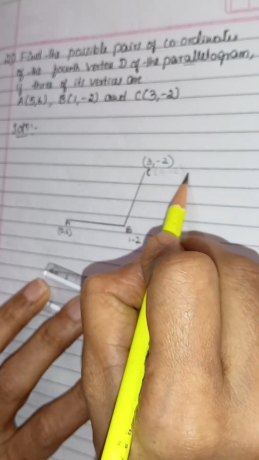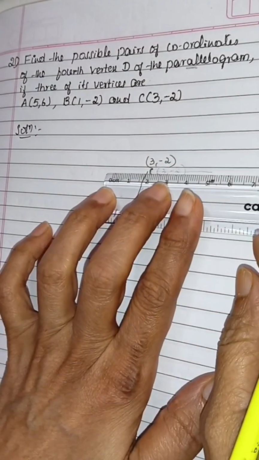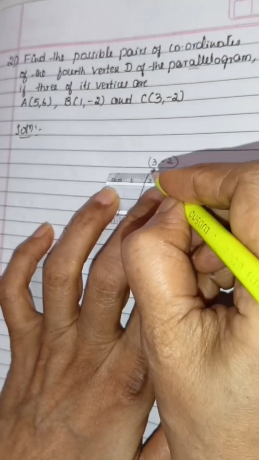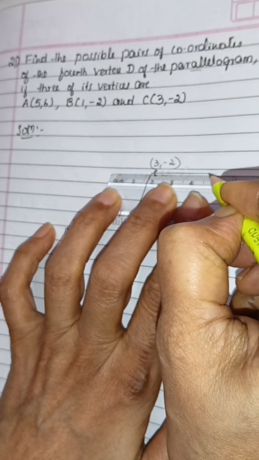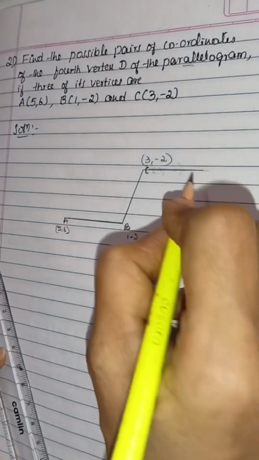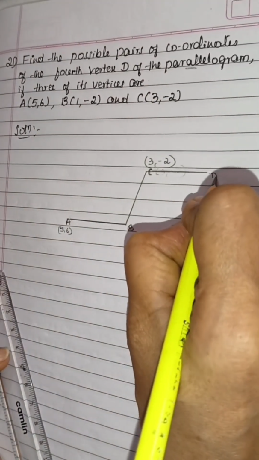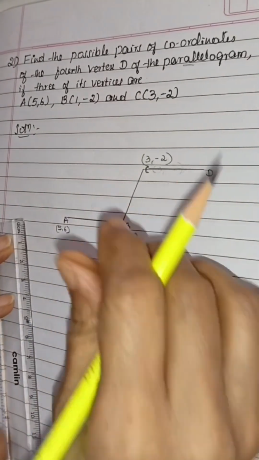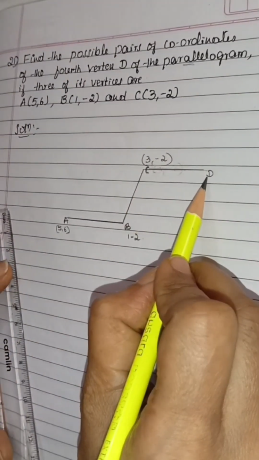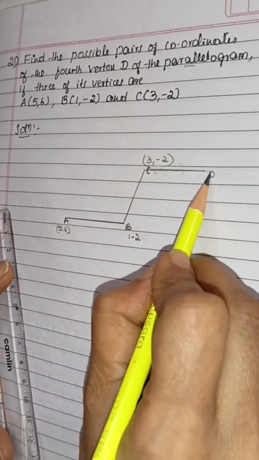There is a possibility for the location of the fourth vertex of a parallelogram like this.